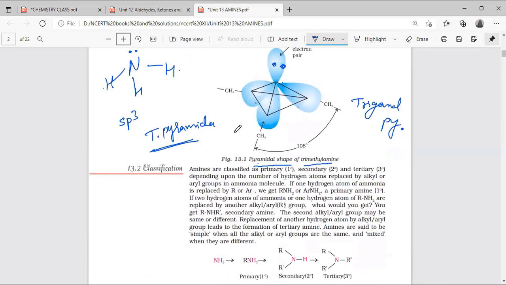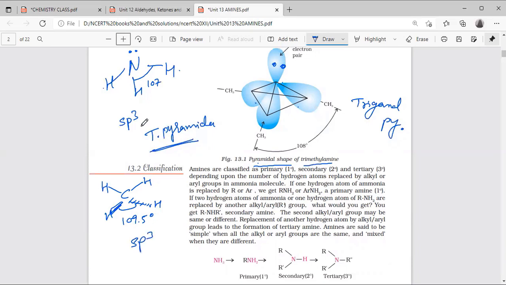Then bond angle. Generally, in the case of NH3, the bond angle is 107. If you take methane, there the bond angle is 109.5 degrees, with sp3 hybridization.